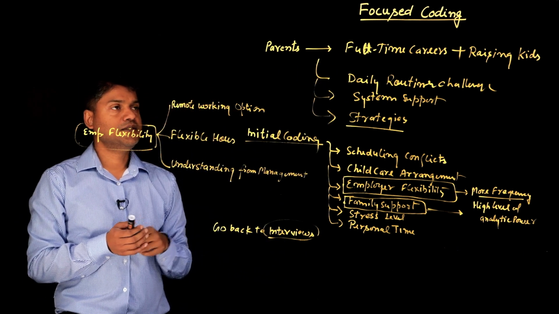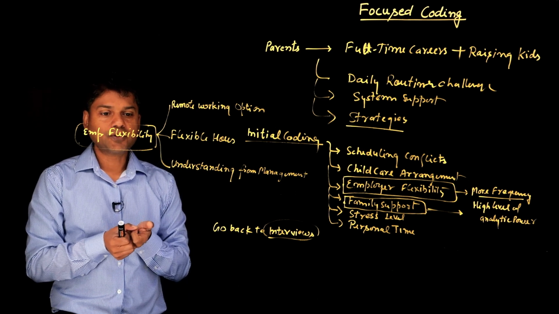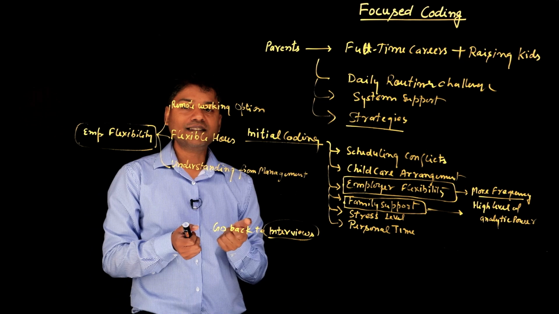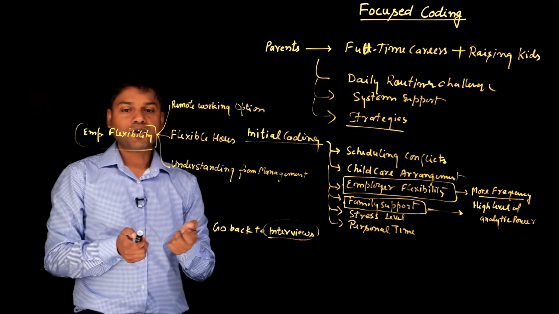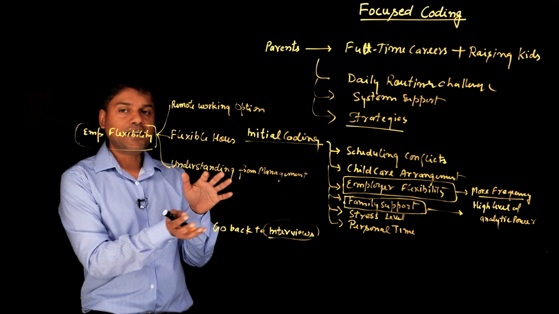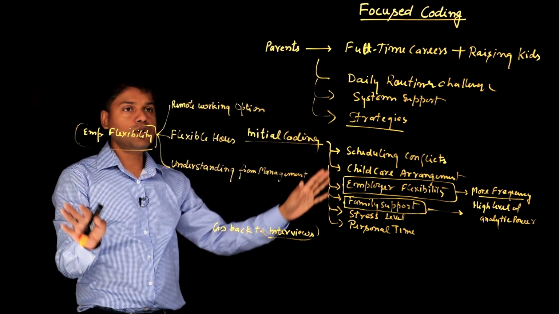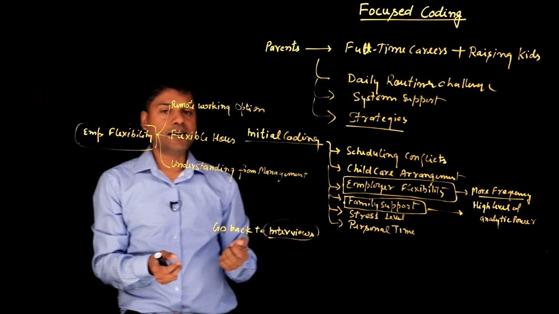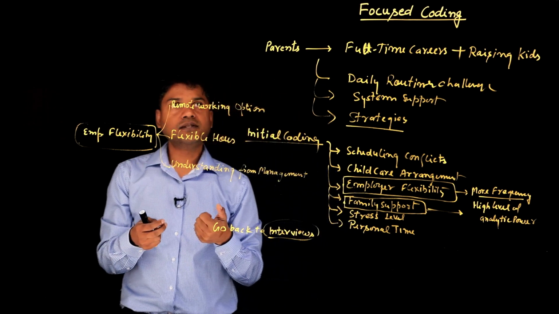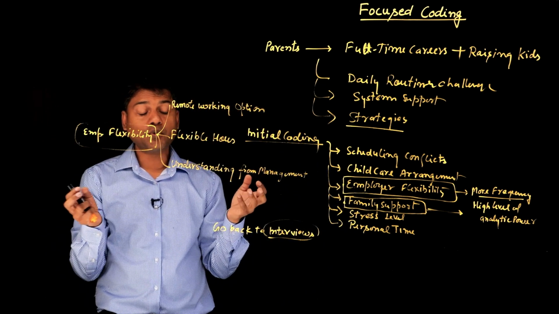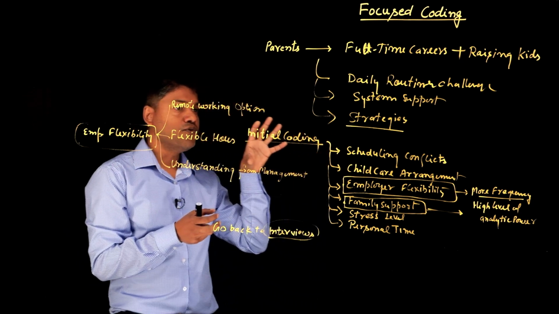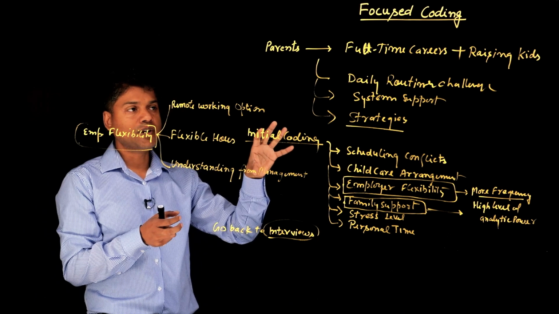Focused coding is, as the word itself says, focused. It's like having a searchlight. If I'm flashing a torch or searchlight here, it will not help me see the whole room, but it will help me see very clearly the focus of the light. And this is what happens.